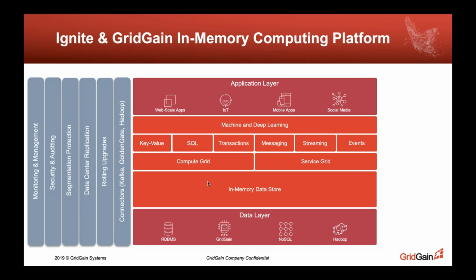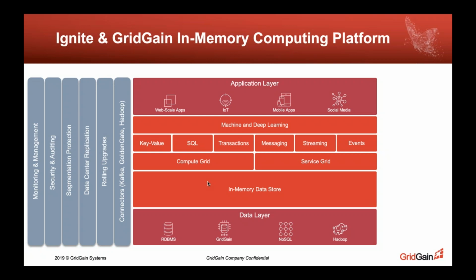And built on top of this core base of functionality provided by Ignite, which we see in the red, we add some additional enterprise-level features in GridGain. That includes things like security and auditing, the ability to do rolling upgrades of our grid so that we can have zero downtime updates to the applications, and enterprise connectors around Kafka, Golden Gate, Hadoop, data lakes.